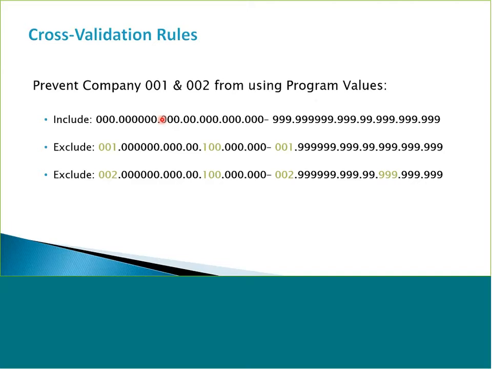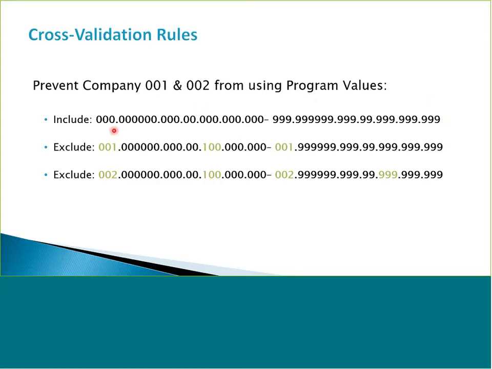So what do we do? Remember, here we are defining a rule that affects both company 1 and company 2. So what's the inclusion range? We include everything, as for all the other examples that we have done. So these are all the possible combinations.